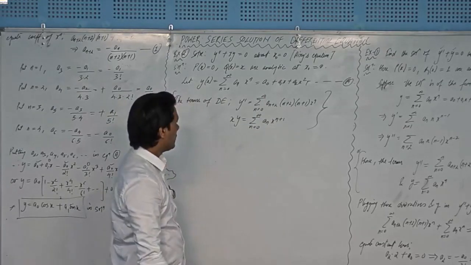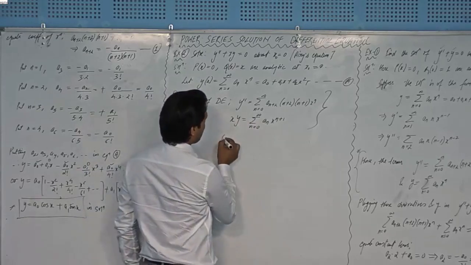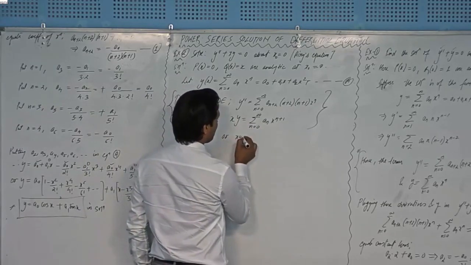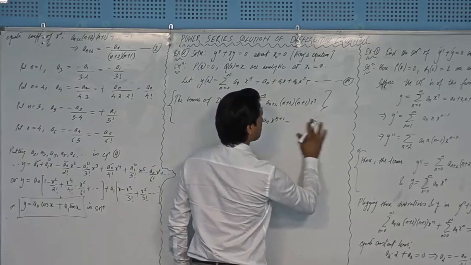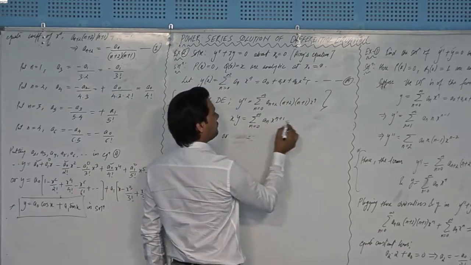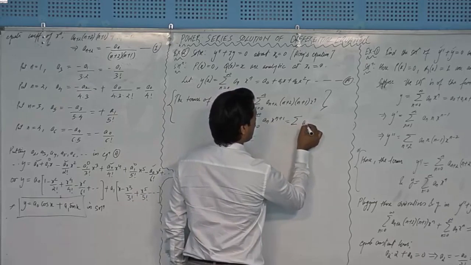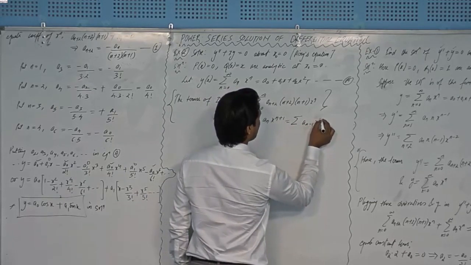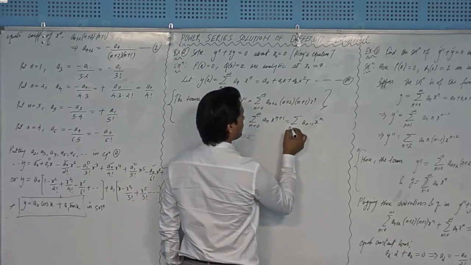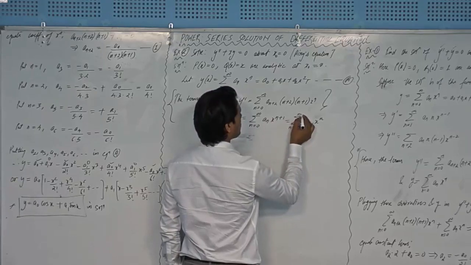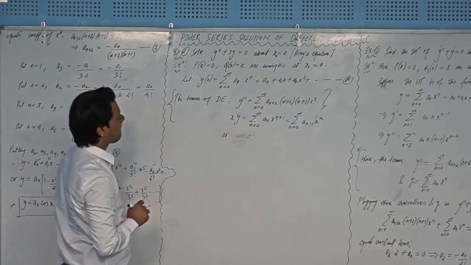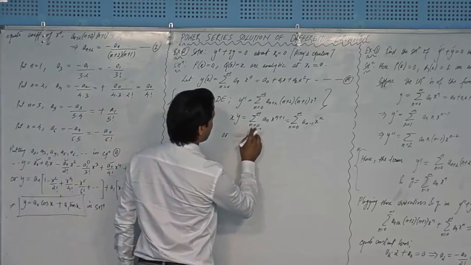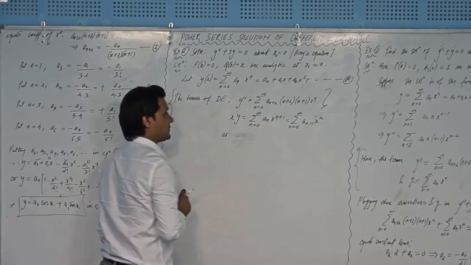For this term xy, scaling it down will give me summation a n minus 1 x to the power n, and now you should start with n equal to 0. You can also start n equal to 0. Fine.